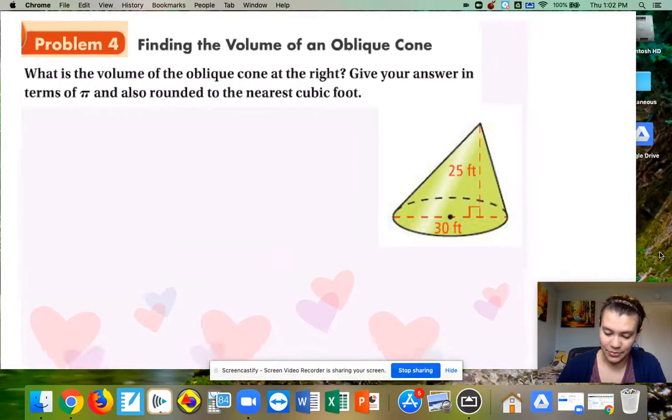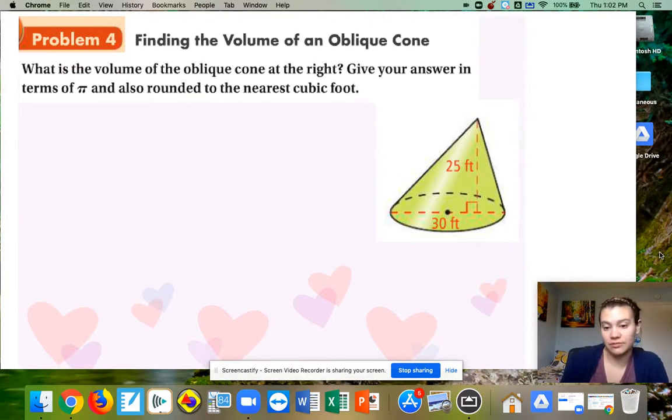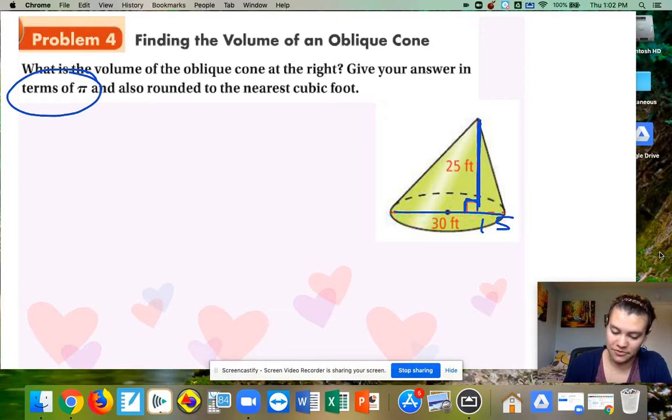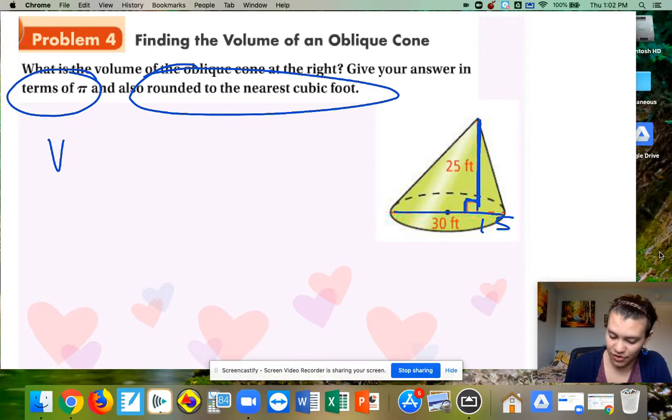One last example. So finding the volume of an oblique cone here, nothing changes. We still have the diameter here is 30, so your radius is 15, and then you're just taking this height. So again, the height comes from the tip down and makes it 90 degrees, so the height is 25. It doesn't matter that it's tilted or not. And we want the answer in terms of pi and rounded to the nearest foot. So your volume is going to be a third times pi times 15 squared times a height of 25.